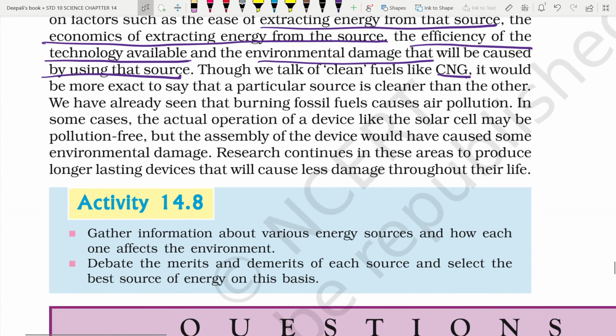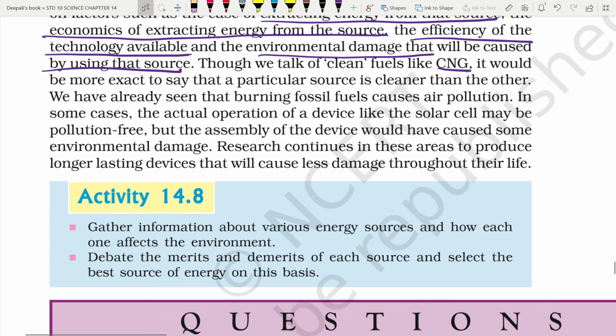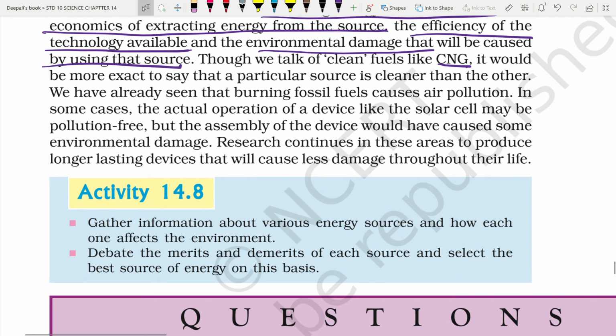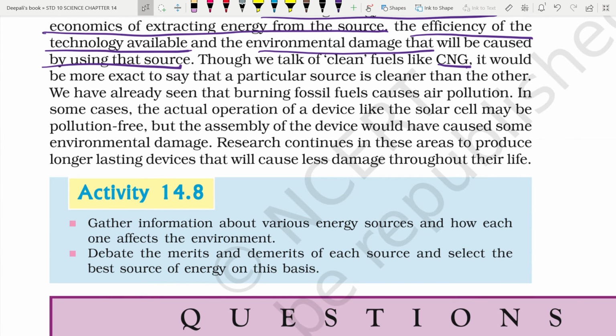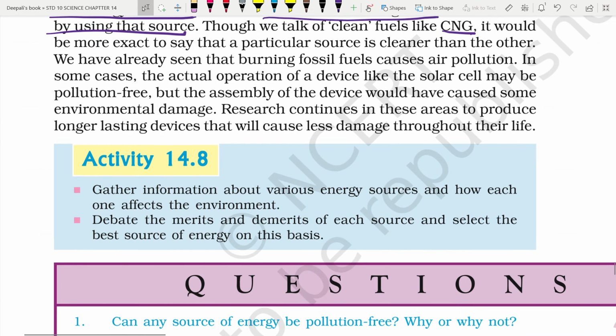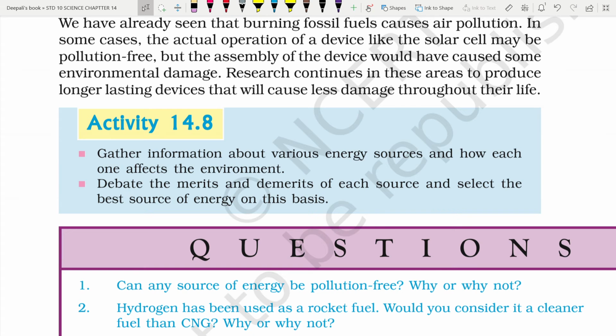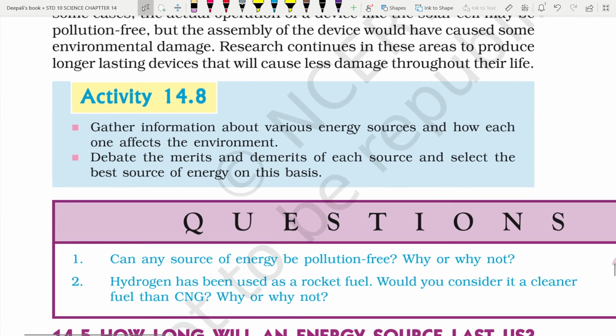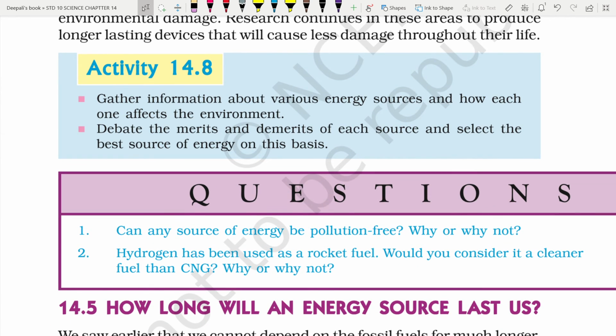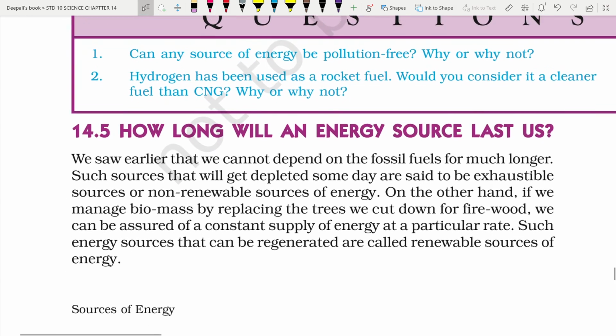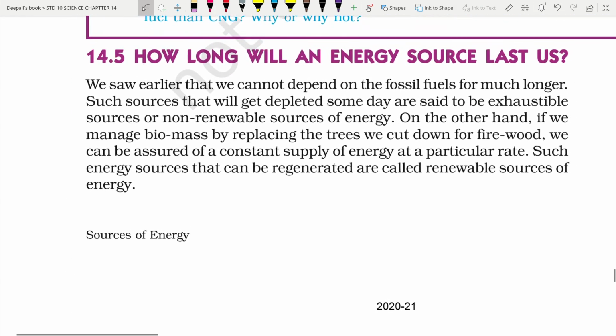In some cases, the actual operation of a device like a solar cell may be pollution free, but assembling of the device would have caused some environmental damage. Research continues in these areas to produce longer lasting devices that will cause less damage throughout their life. So, these are the consequences which could limit us from using this energy.